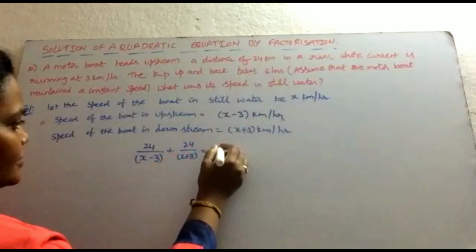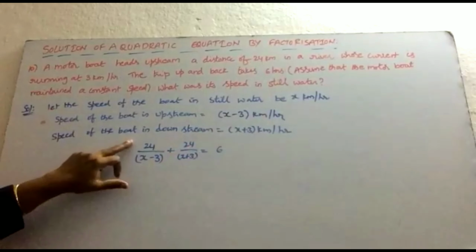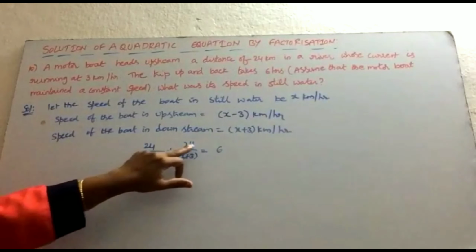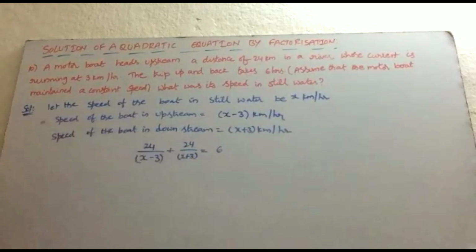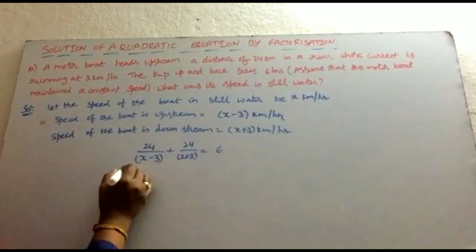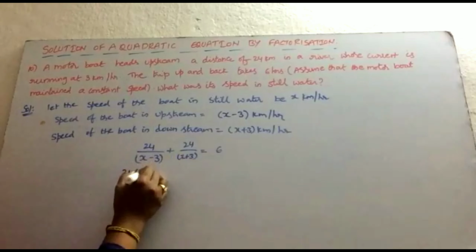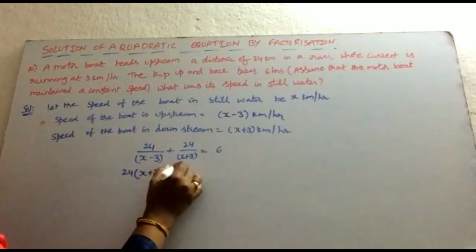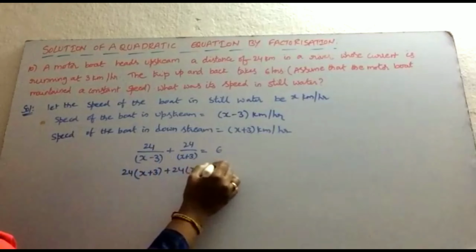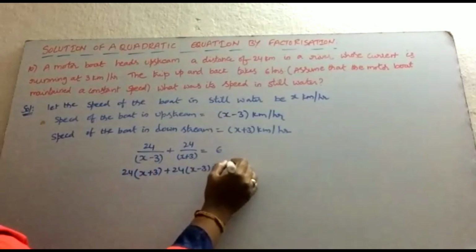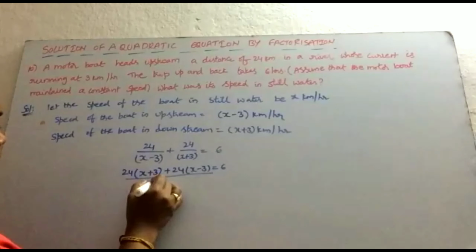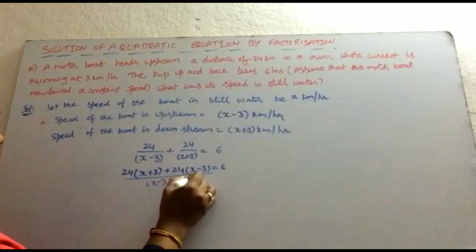Total 6 hours. So 24 by x minus 3 plus 24 by x plus 3 equal to 6. That means taking LCM, 24 into x plus 3 plus 24 into x minus 3 is equal to 6 by x minus 3 into x plus 3.